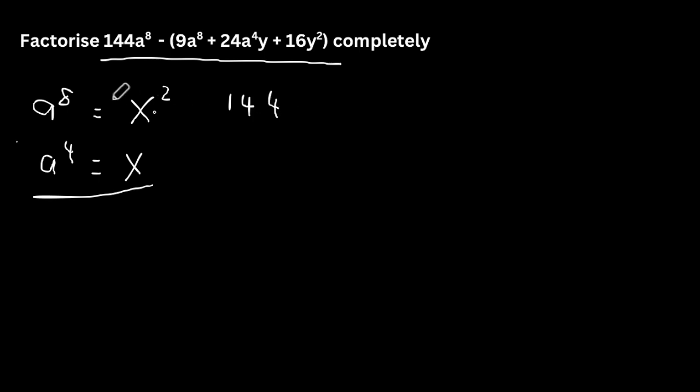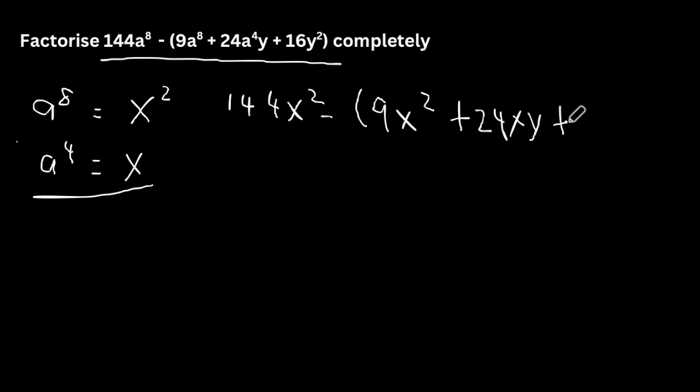144a to the power of 8 is 144x squared, minus 9x squared, plus 24xy, plus 16y squared.